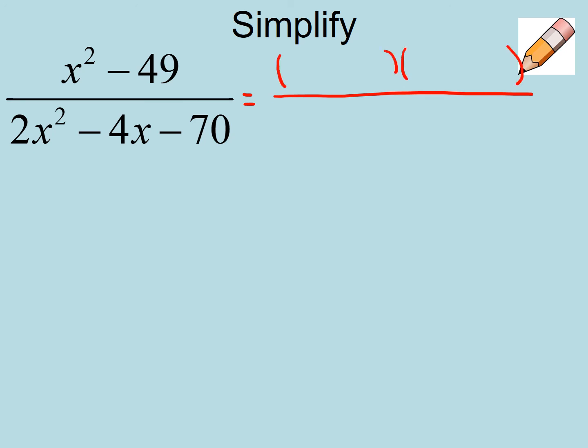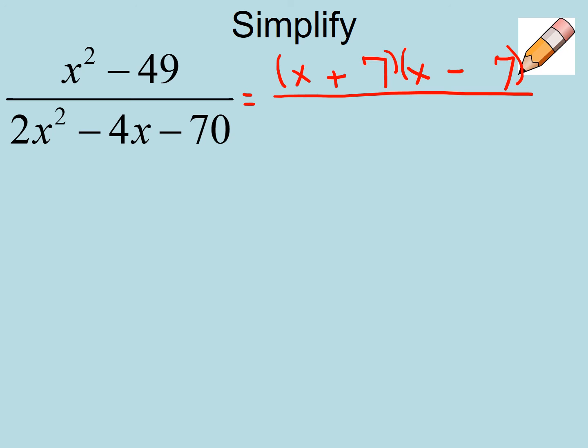So set up two sets of parentheses, put x in the front of both of those parentheses, and I know the square root of 49 is 7. The difference of squares pattern is to have one of them be a positive and one of them be a negative. So that's the difference of squares. We took x squared and broke it apart, and then we square rooted the number 49 to get 7.